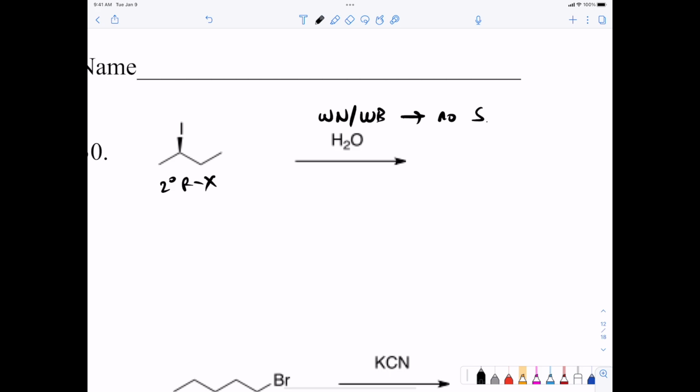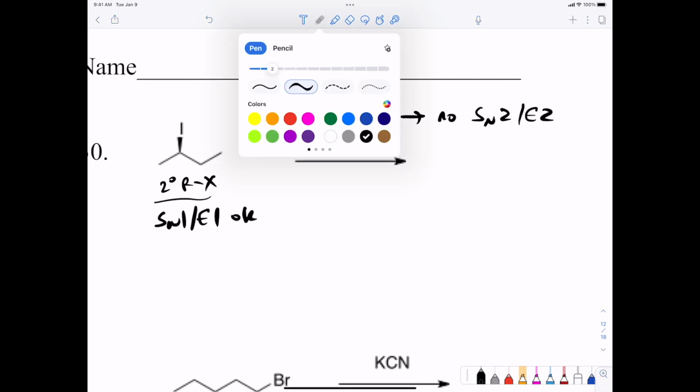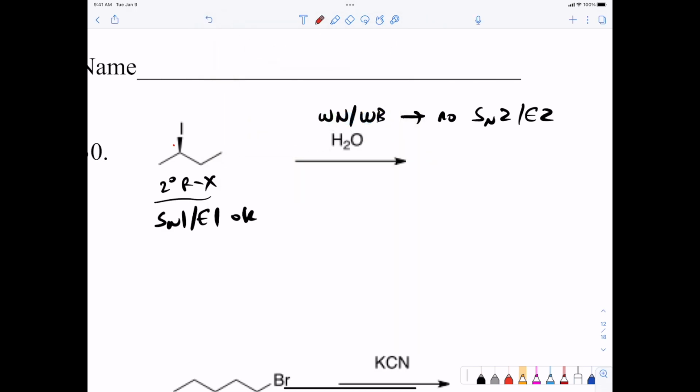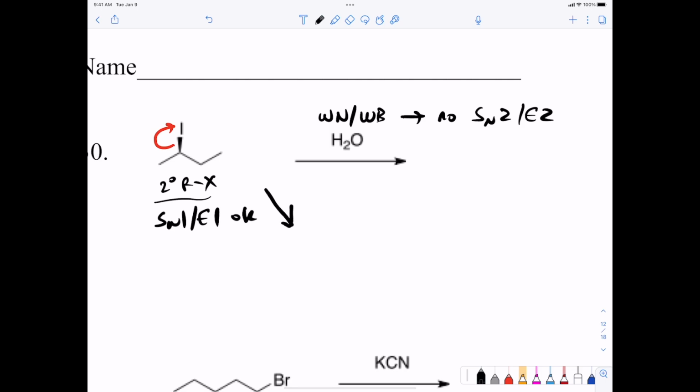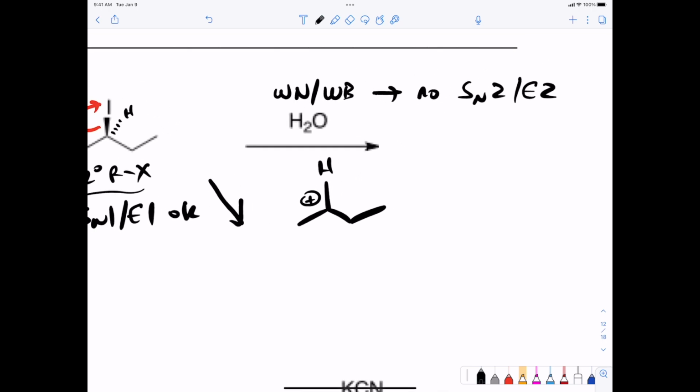That means there's no SN2 or E2. For secondary alkyl halides, we know that SN1 and E1 are okay. So we can propose the leaving group leaves. Now, this is a boneheaded reaction to do because chiral starting materials are expensive. In the first step of this reaction, we've gone from something that was chiral to something that is not. So we've just lost stereochemistry.